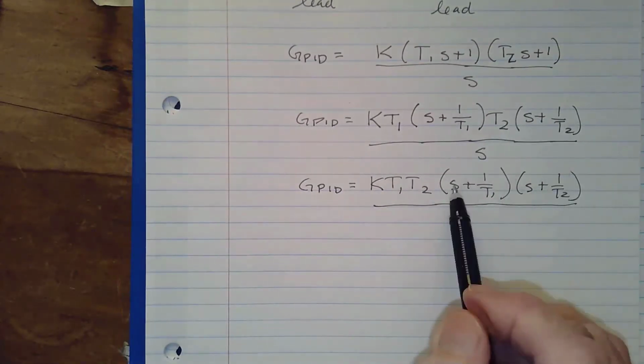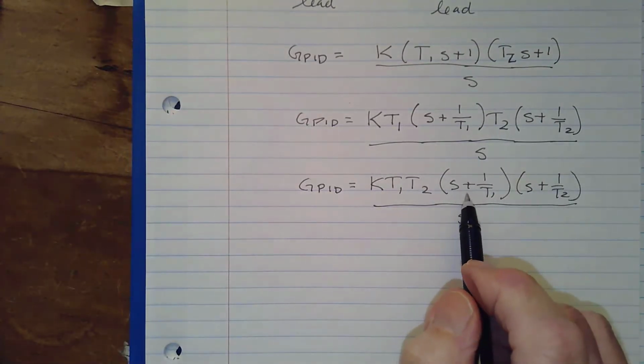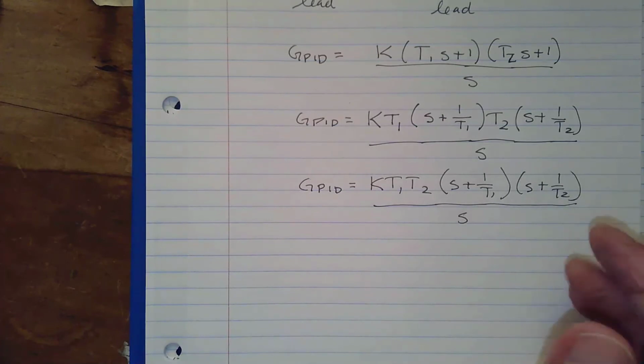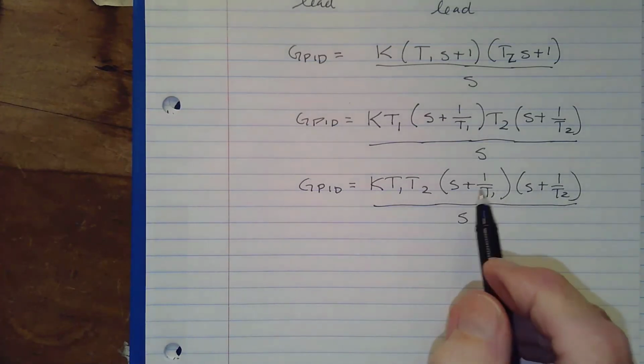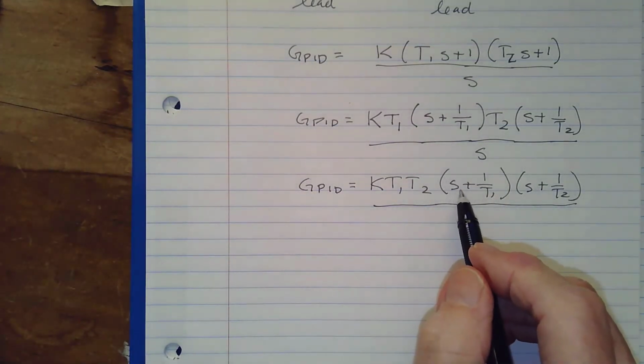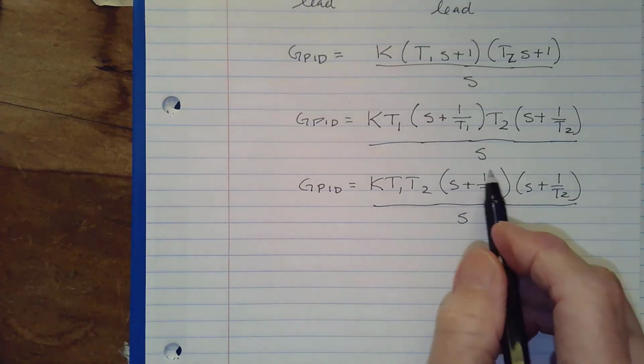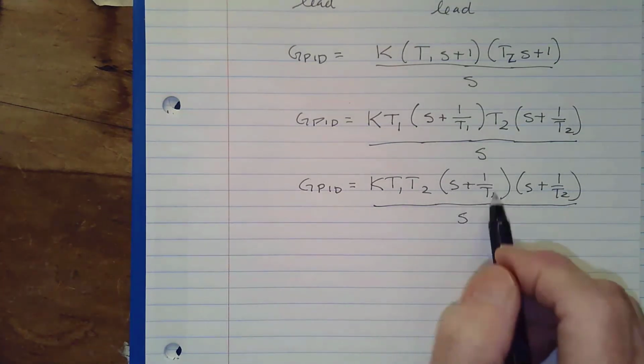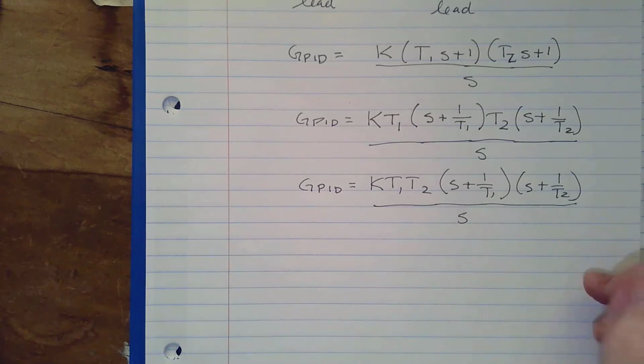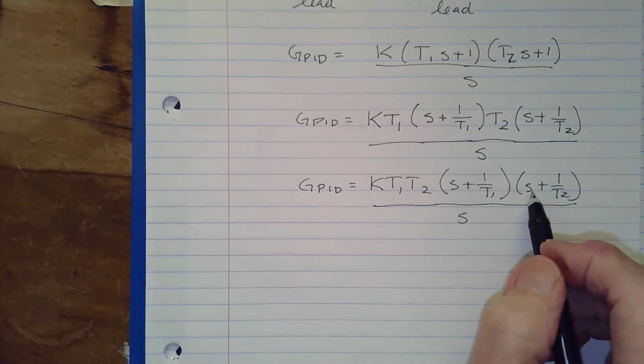These are zeros, because they're in the numerator, and therefore we have a zero at negative 1 over T1. That's the quantity that will make this G of S go to 0. And we have a zero at minus 1 over T2.